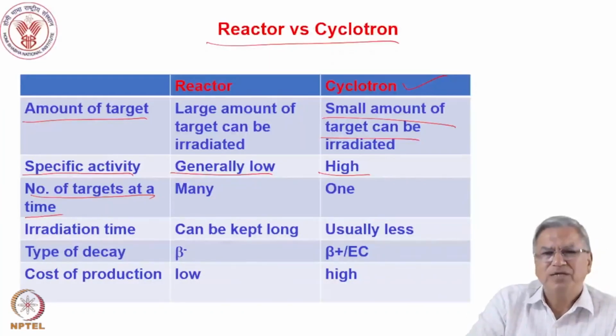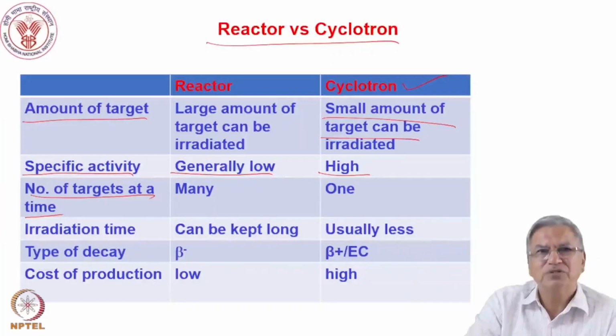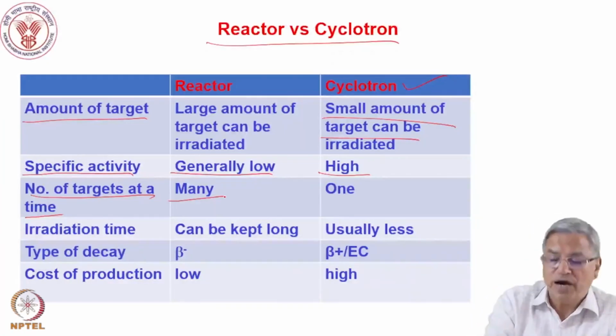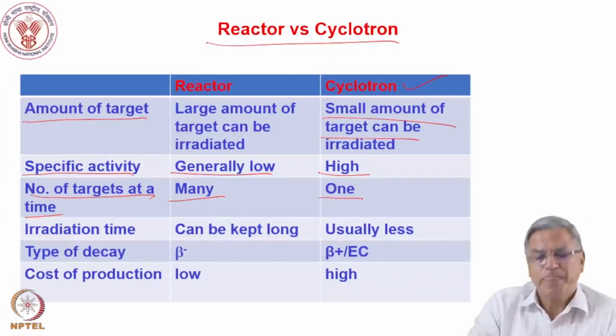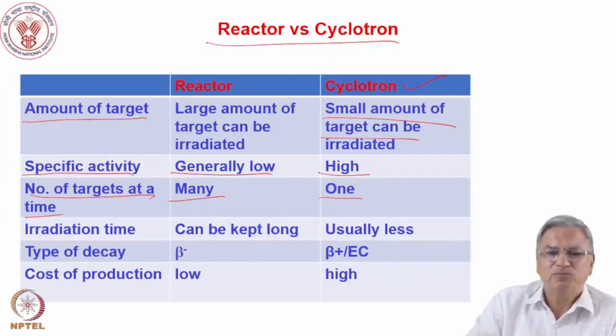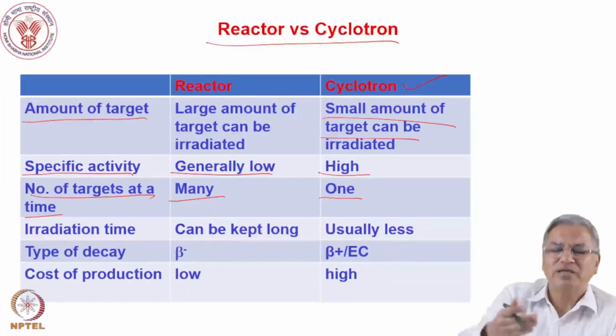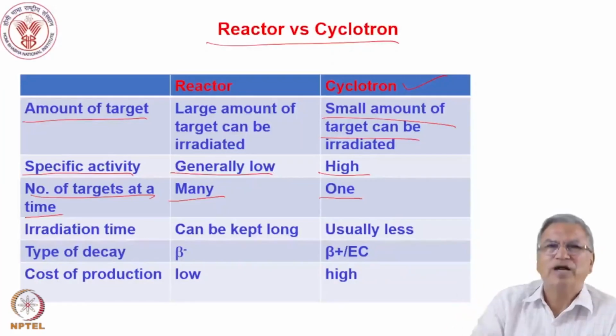Many targets are irradiated at a time, and you can remove whichever one you want depending upon the irradiation time and half-lives. So throughput is very high. But in a cyclotron, at a time, only one target. Suppose you have multiple beam lines, at a time the beam will go to a particular beam line, so there is no point putting irradiation in other beam lines at that point of time.